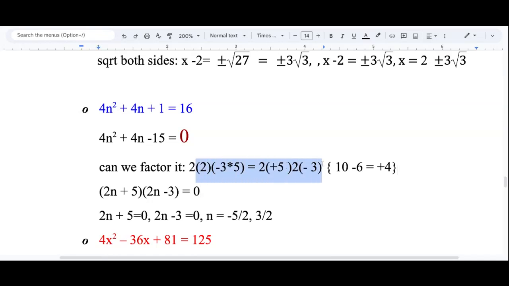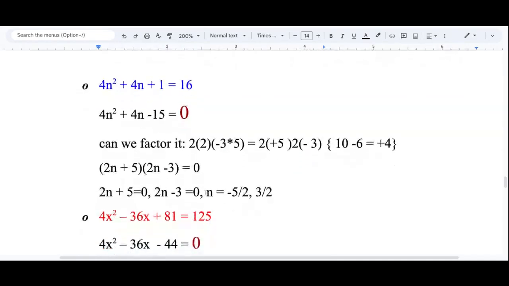If this is too complicated, forget about it, all right? Just use the quadratic formula. I'm going to show you the quadratic formula later. So that means if I have this pair, I pair these two, I pair these two. That means I have 2n plus 5, 2n minus 3 equals 0. Right. Then by zero property, I can split this to be 0 and this to be 0.